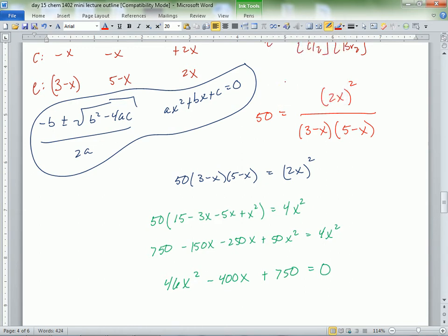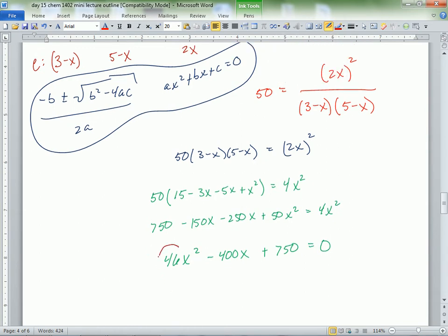So I don't know if yours match mine, but I got 46 for A, negative 400 for B, and positive 750 for C. Okay. How did you get 4x squared? Because they had 2x times 2x. I see. How did you get 46?